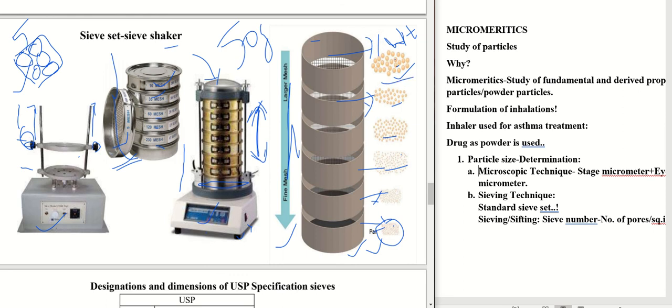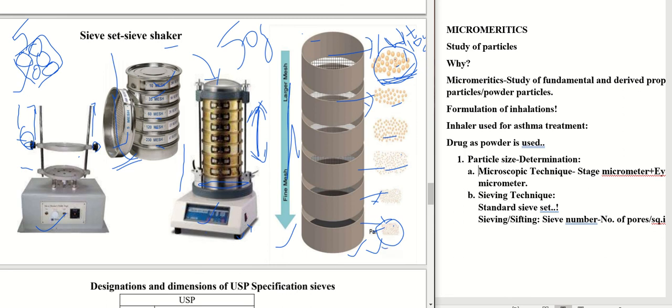Now how can we determine the particle size? Here we are able to differentiate how much percentage there is. For example, out of 50 grams, if we weigh the first one, say it is 10 grams. So what is the weight percentage? 10 by 50 into 100 gives the weight percentage on this mesh.